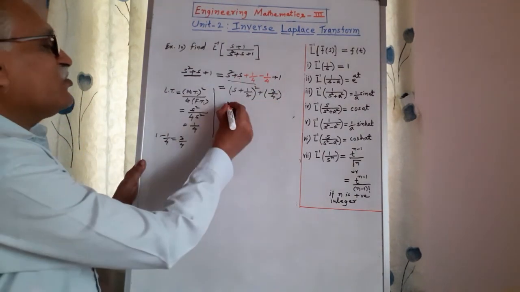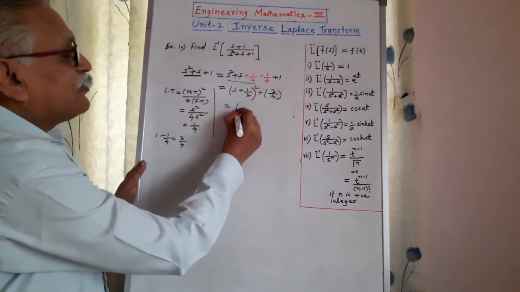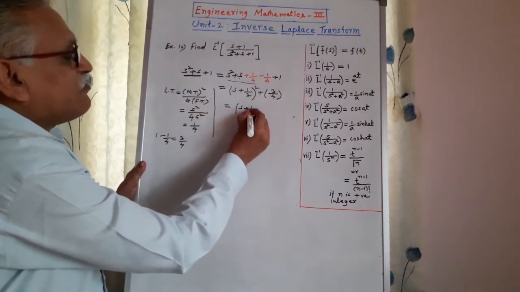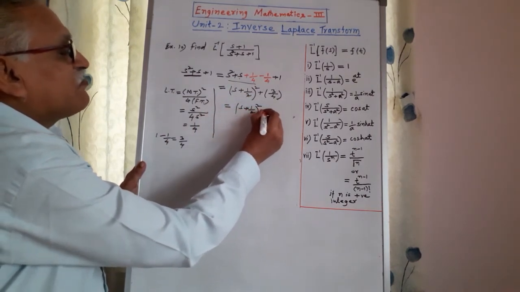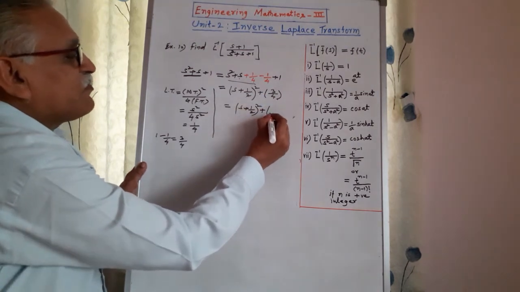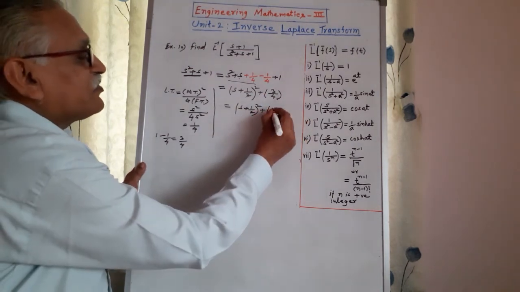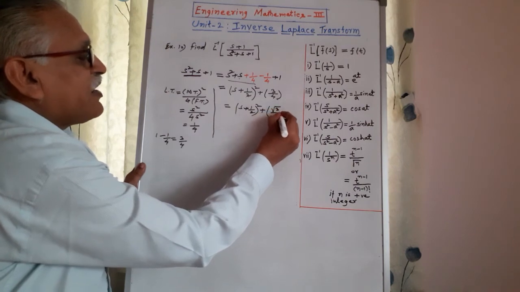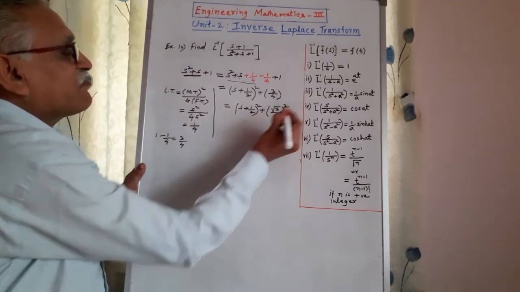Okay, and therefore it is s plus 1 by 2 whole square plus 3 by 4, which we write in the form of a square, root 3 by 2 bracket square.